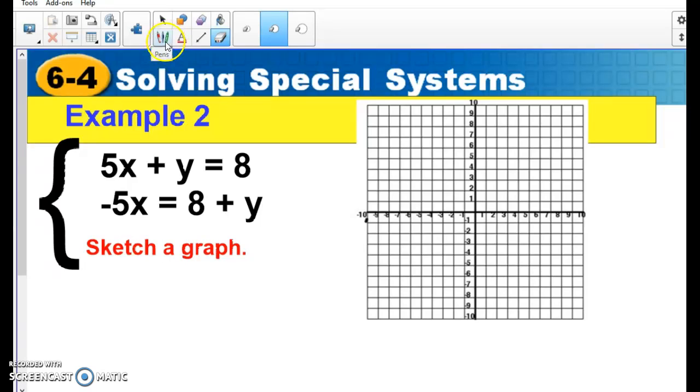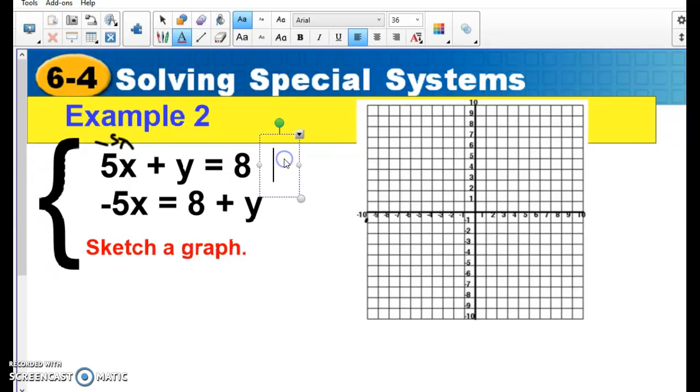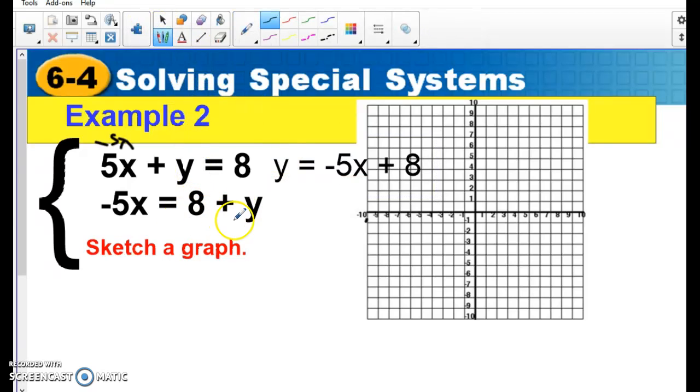So then looking at this one, again looks kind of similar, but let's solve just in case. Let's make both of these say y equals. So I have 5x plus y equals 8. Let's subtract 5x from both sides. So then I'm left with y equals negative 5x plus 8. And let's go over here to this bottom one. So 8 plus y, subtract 8, subtract 8.